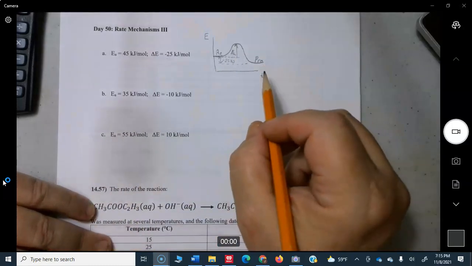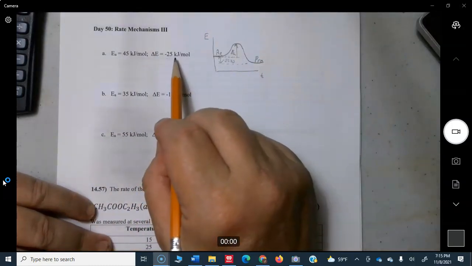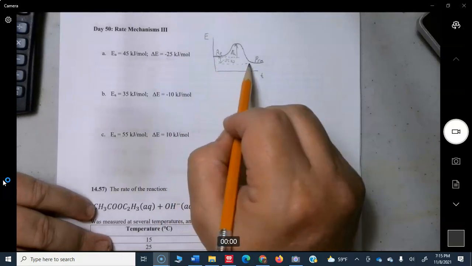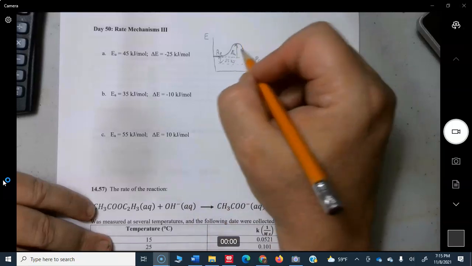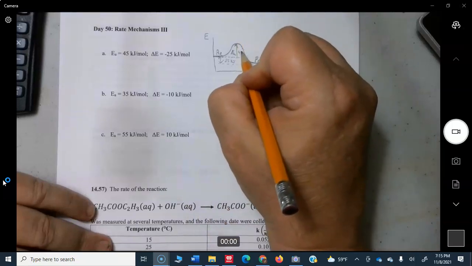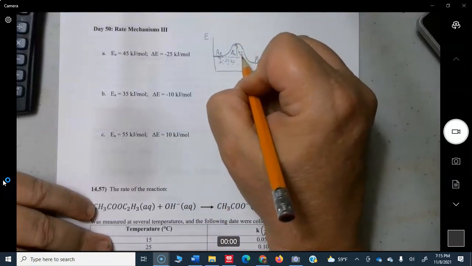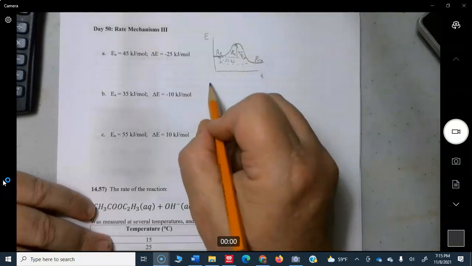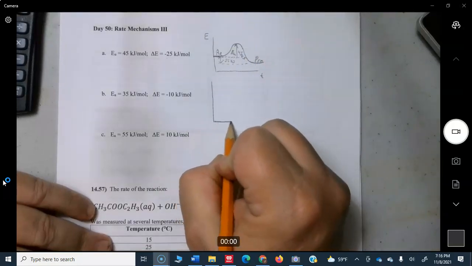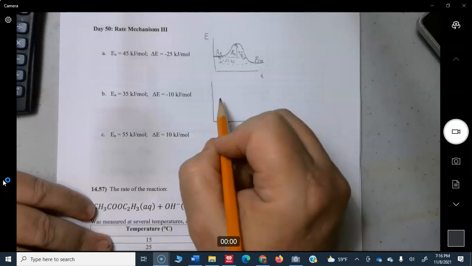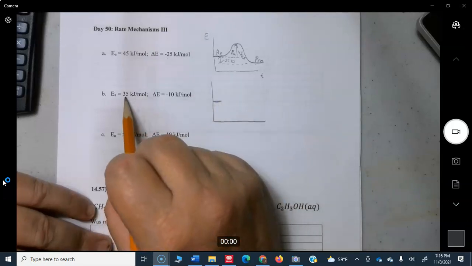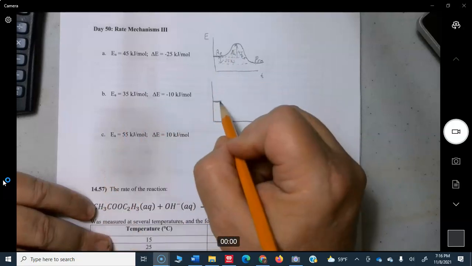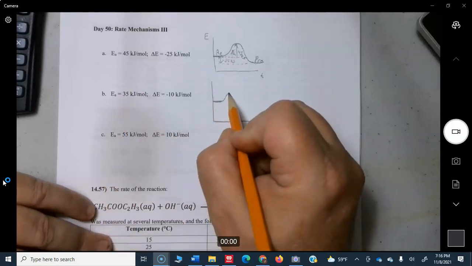Okay? So for the first one, it's negative 25. It goes from here down 25 to there. And the activation energy is 45 kilojoules. Okay, let's draw it again for this one. Okay, so again, we'll say we start at the same place. Now this has an activation energy of 35. It's not as high as this one, so we're going to draw it a little lower.